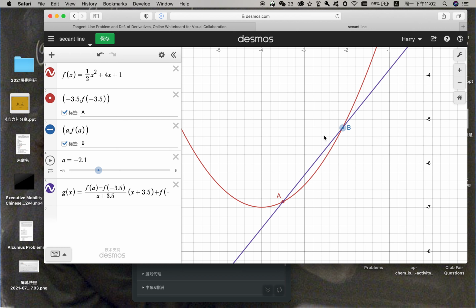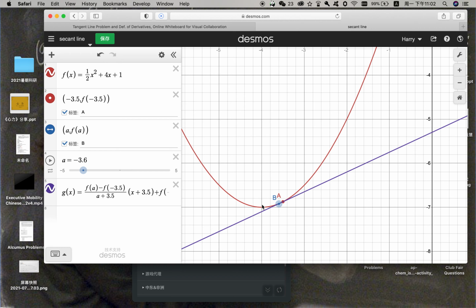Consider if you move b closer and closer to a, what will happen to the secant line? You can see that b cannot overlap with a, but if it's really close to a, then the secant line pretty much looks like the tangent line at point a.